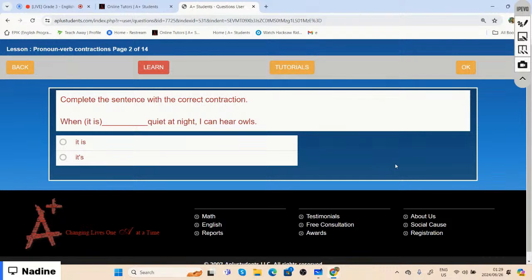Do we say when it is, option one, or when it's, option two?